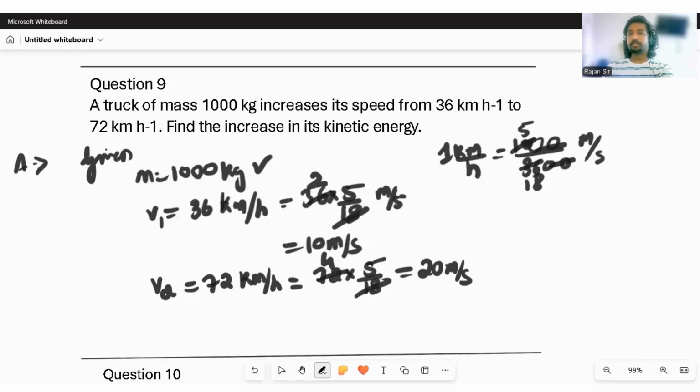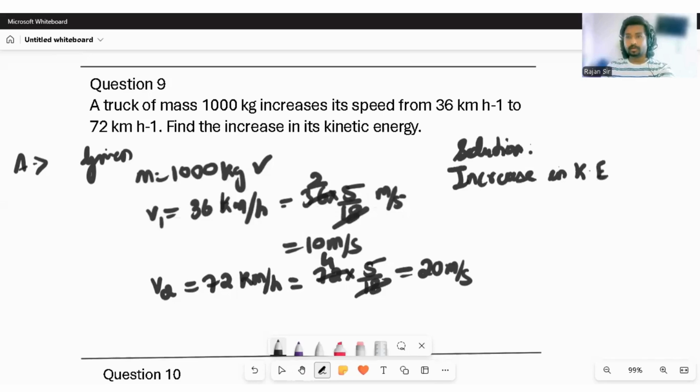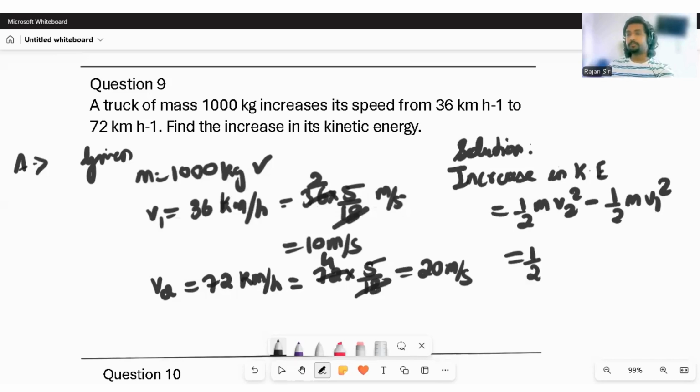Now let's do the solution. So solution. We got change, increase in kinetic energy of the truck is equal to half m v2 square minus half m v1 square. Make sure you write the bigger one first. So you have half, you can take m common.